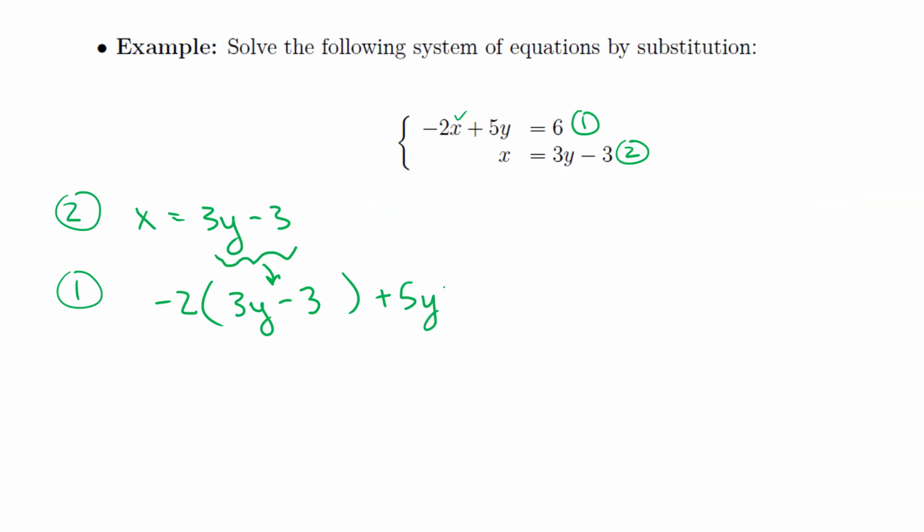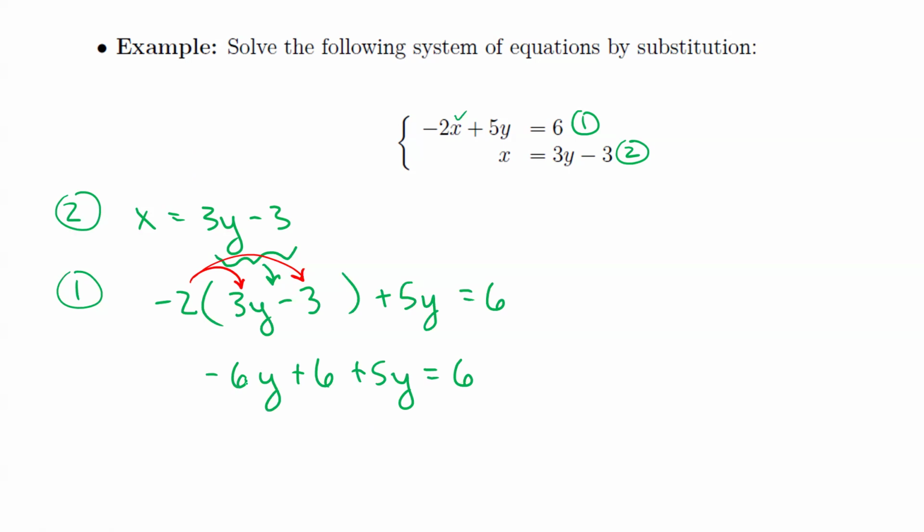Plus 5y equals 6. And of course, we have some nice distribution to do here with my negative 2. So that left side becomes negative 6y plus 6 plus 5y is equal to 6.